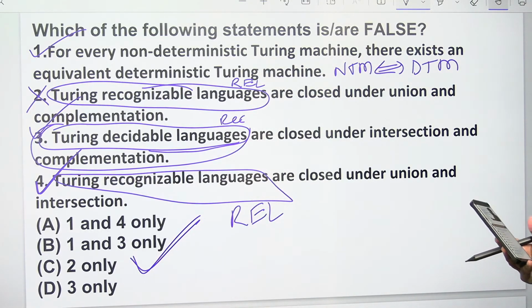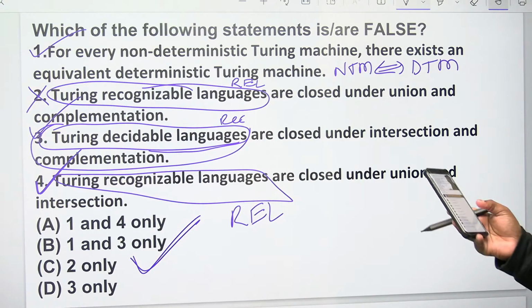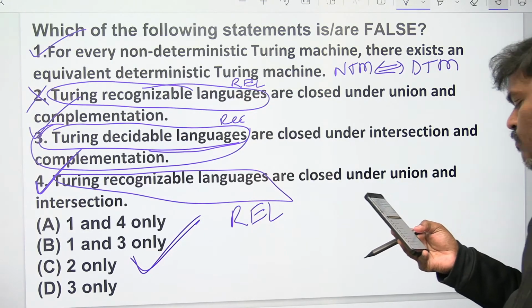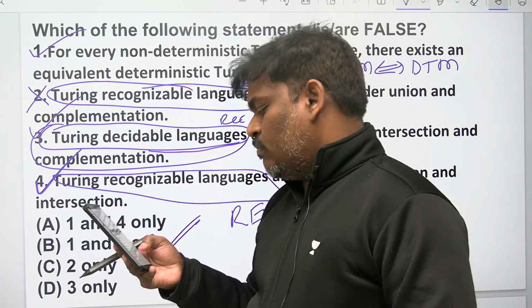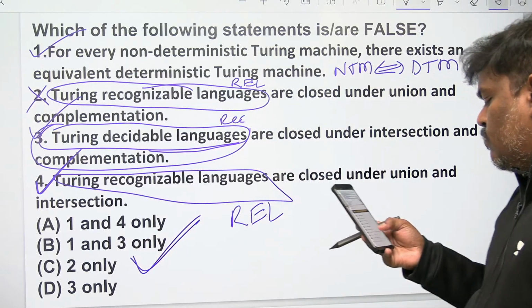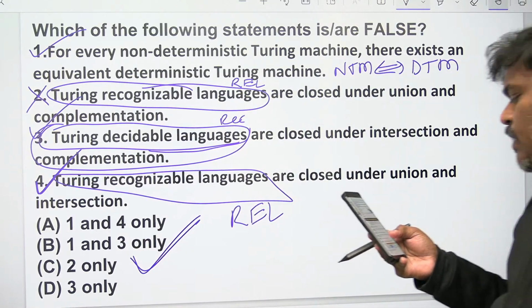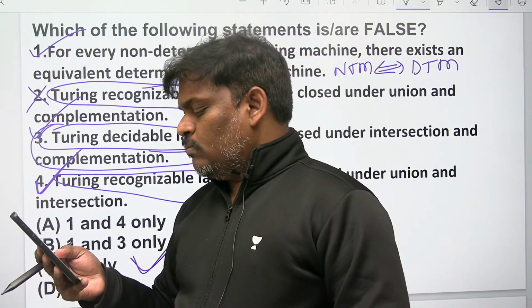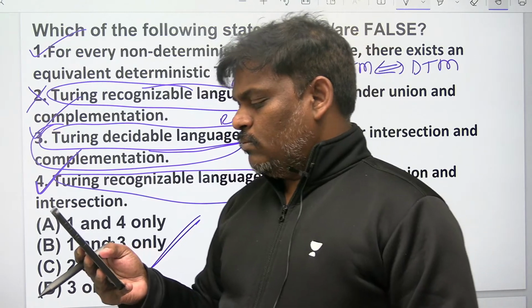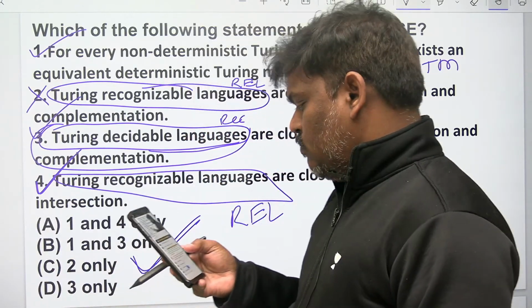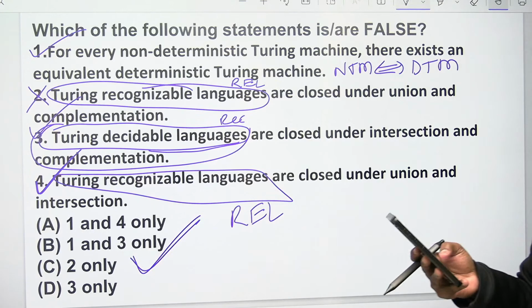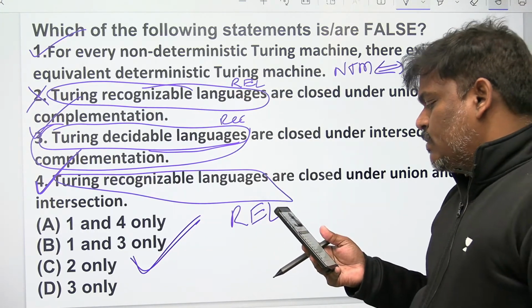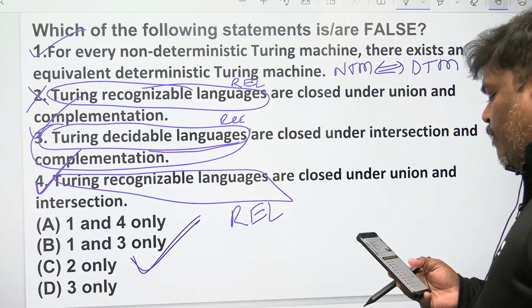RELs are not closed under complementation. So be careful with this.